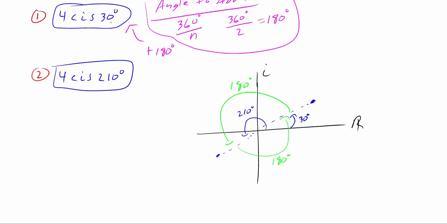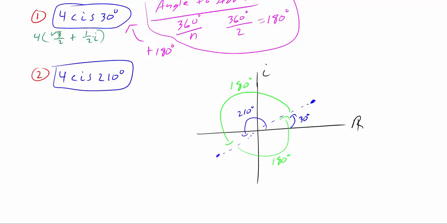In this case, our 30 degrees is on our unit circle. So if we went to 30 degrees, the cosine of 30 is the square root of 3 over 2. And then we're going to multiply that by 4. So that would be 4 times the cosine of 30, and the cosine of 30 is the square root of 3 over 2, plus the sine of 30 degrees, which is 1/2, so that's 1/2 i.